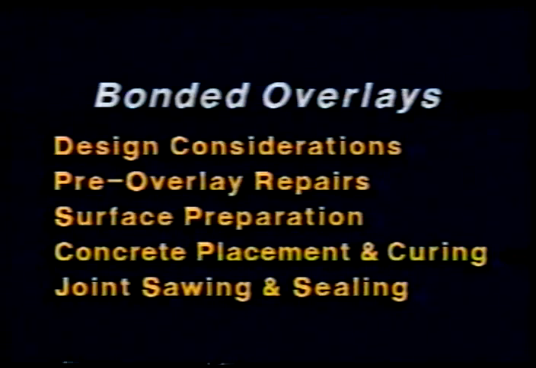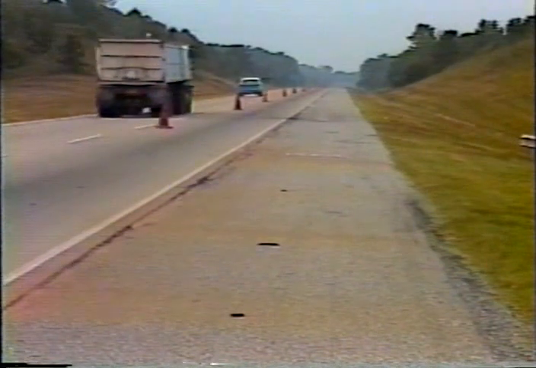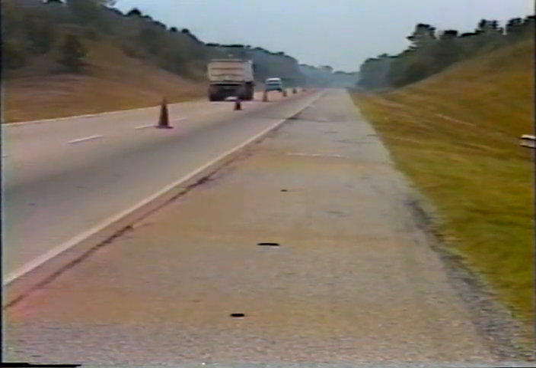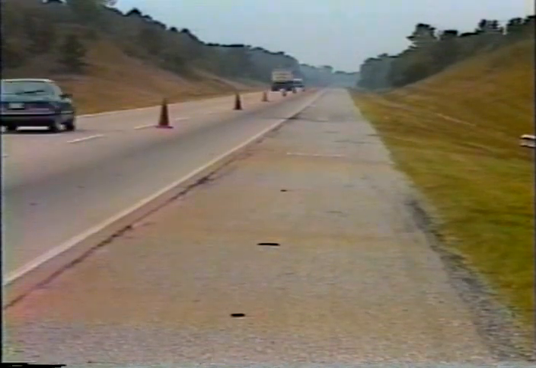And that brings us to pre-overlay repairs. The purpose here is to correct the problems of faulted joints, pumping and loss of support, working cracks, shattered slabs, deteriorated joints, and unsealed joints. Loss of support can be identified by signs of pumping and verified by deflection testing.